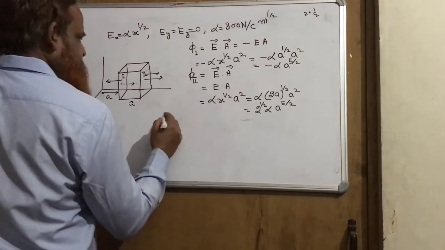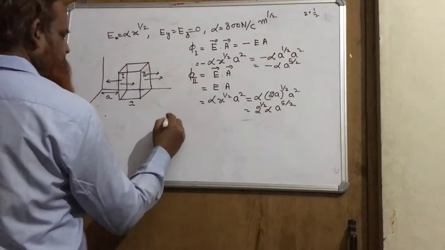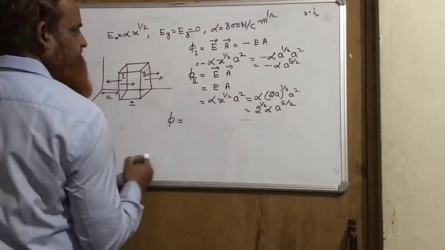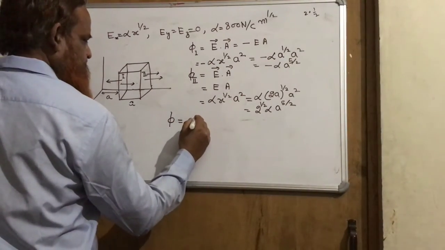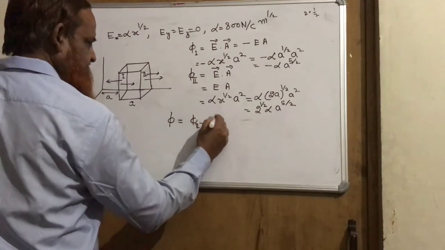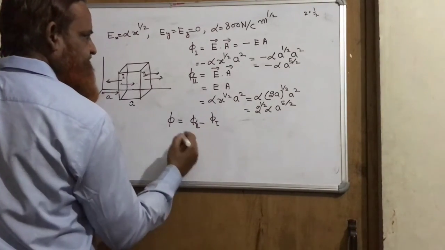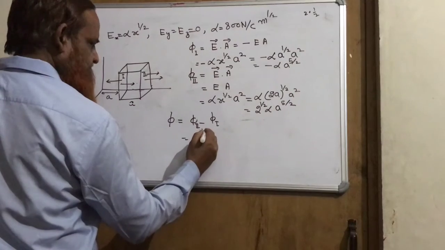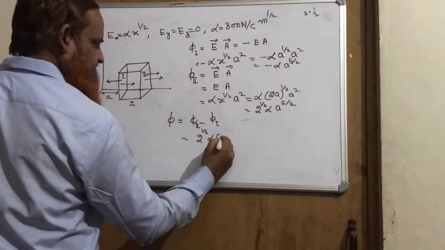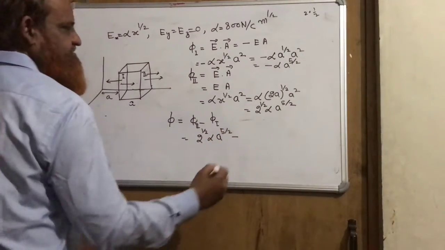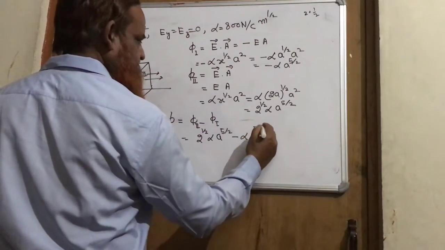So the net flux phi is phi second minus phi first, which is 2 to the power half alpha a to the power 5 by 2 minus alpha a to the power 5 by 2.